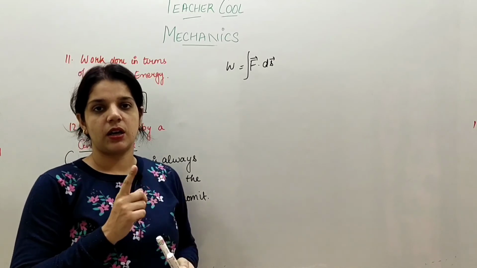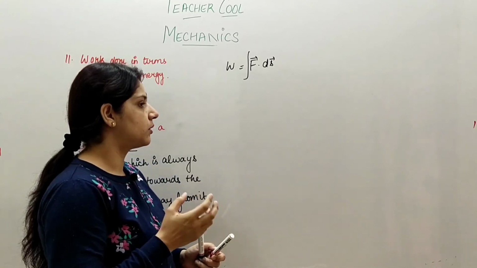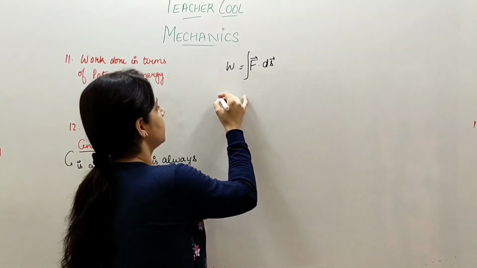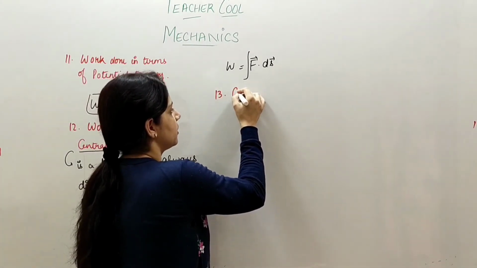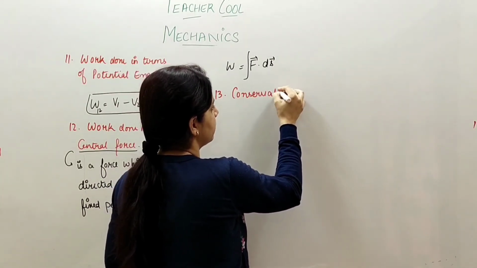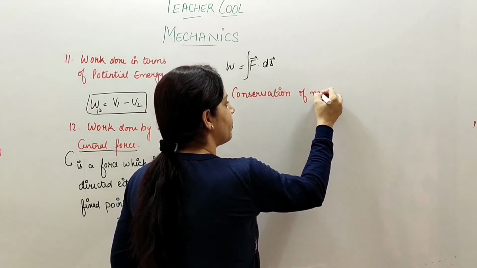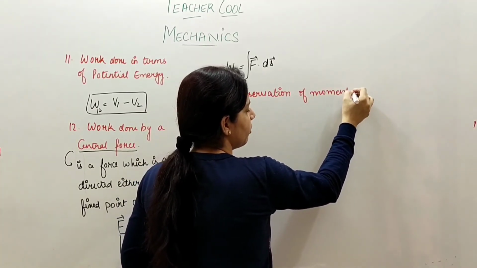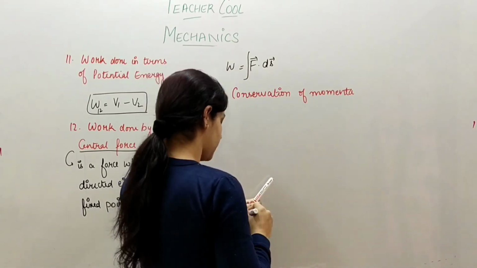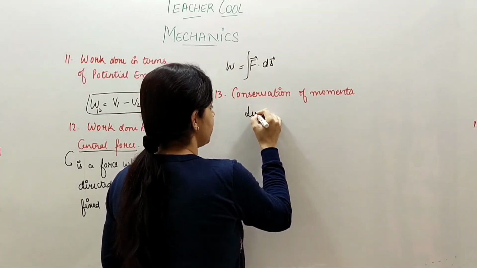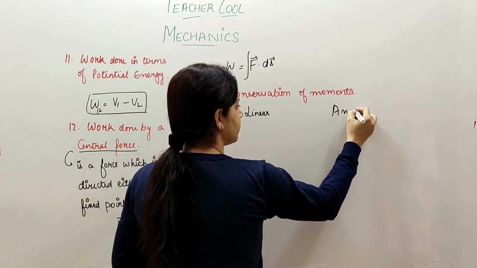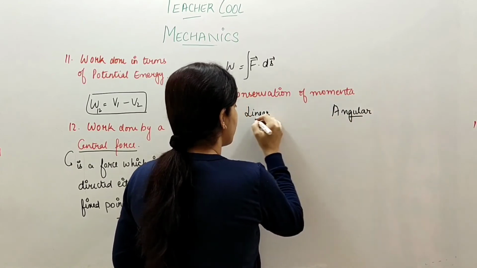One thing I would like to recall from the previous lecture, it will be the 13th one, that is conservation of momenta. Why momenta? Because here I'll be comparing two momentums. First one is linear and angular, because they go hand in hand.